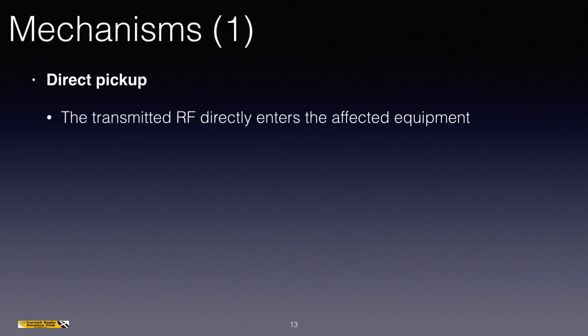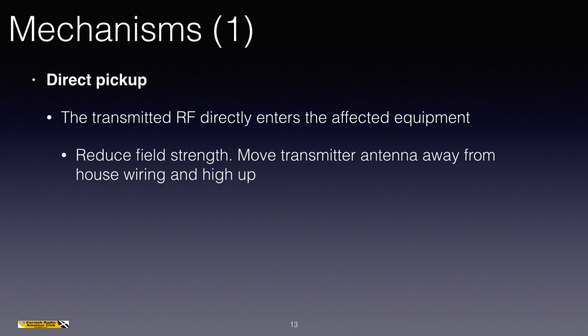So the transmitted RF energy directly enters the affected equipment, and the solution then is to reduce the field strength, move the transmitter antenna away from the house wiring and move it high up. So if you have a vertical antenna, for example, and you move it high up, then the amount radiated off the ends, remember, is very small in a vertical antenna, and therefore you will reduce the field strength around the hi-fi. And another way of reducing the field strength is simply to reduce the transmit power.